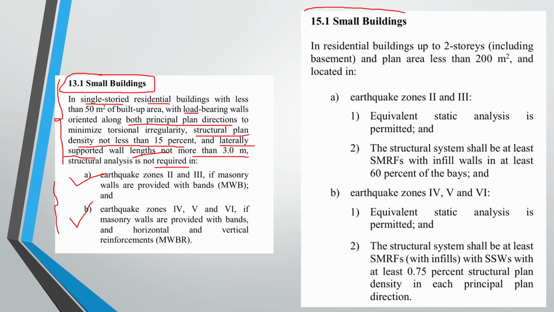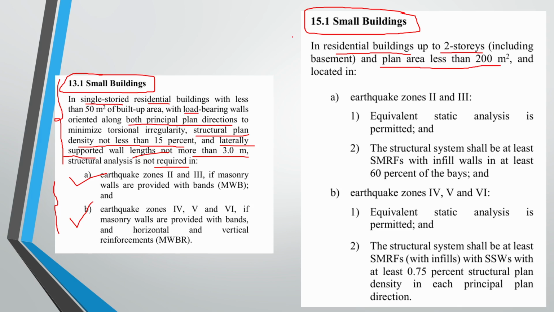So let's see what it tells about the RCC building. For an RCC building, the type is residential building. So it is limited to residential building and 2 story, including the basement. That is basement, ground plus 1 story, and plan area less than 200 meter square.